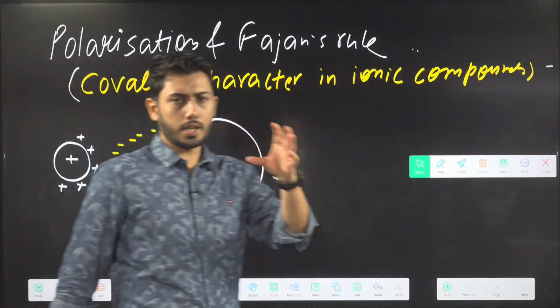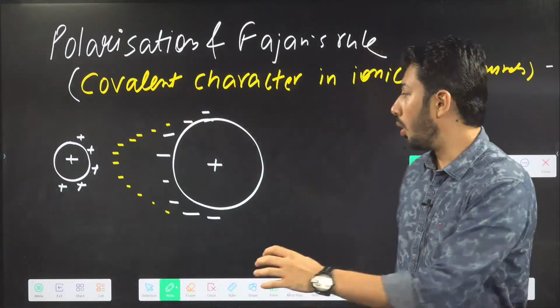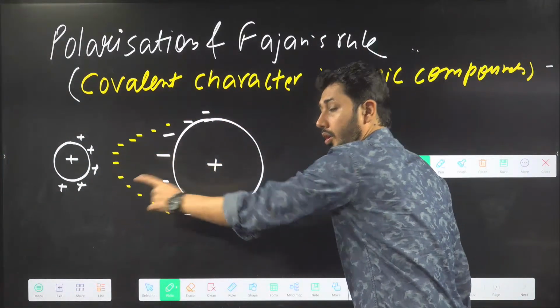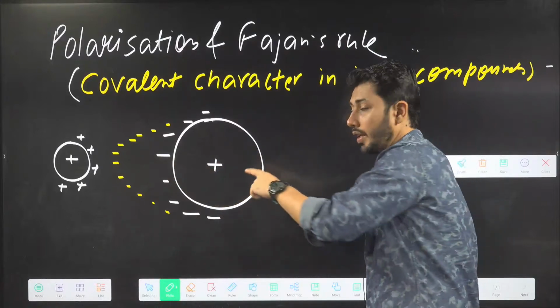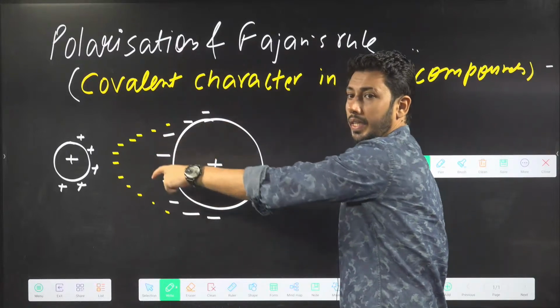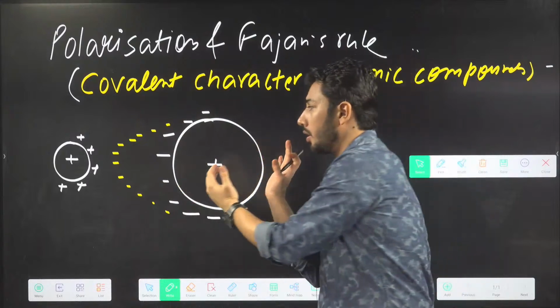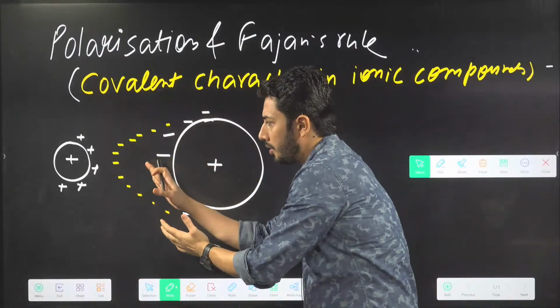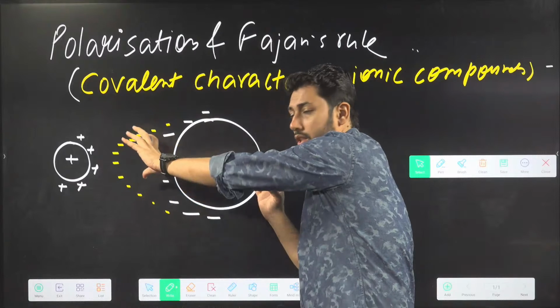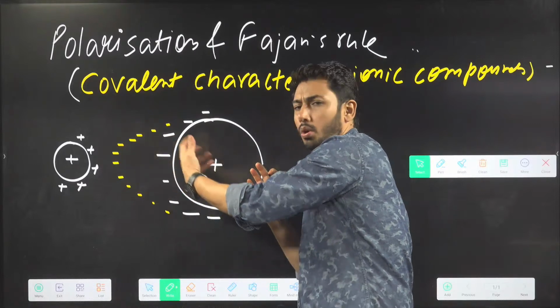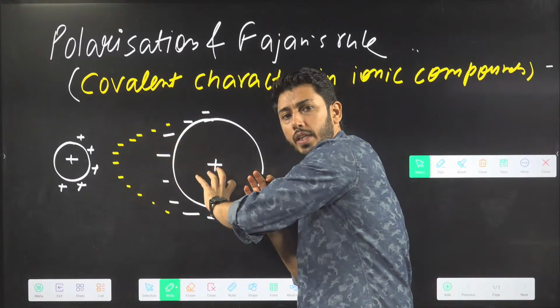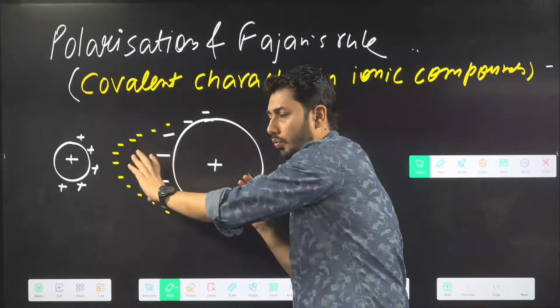So this attraction of the electron density of anion by the cation, or this shifting of the electron density of anion towards cation, shifting means some distortion, distortion of the electron density of anion towards cation.